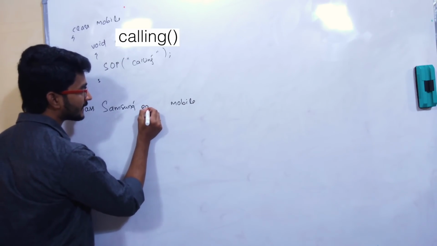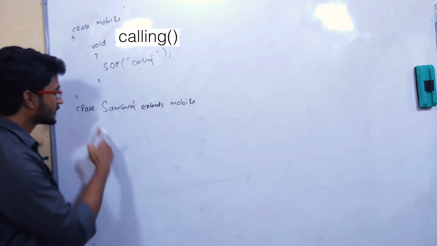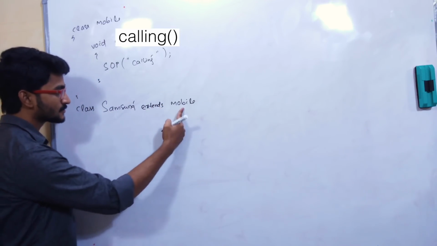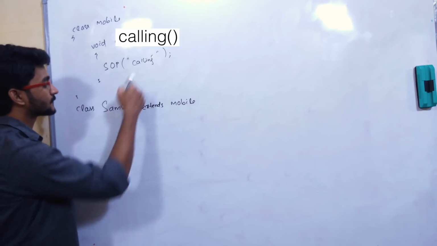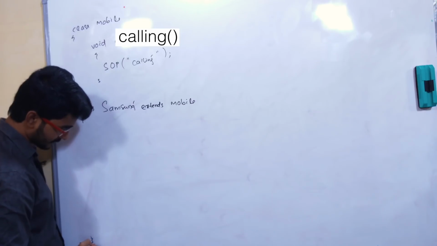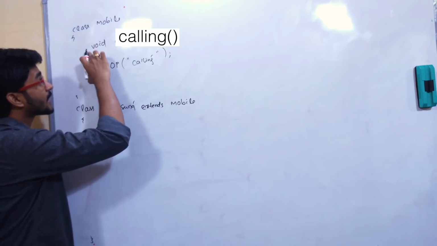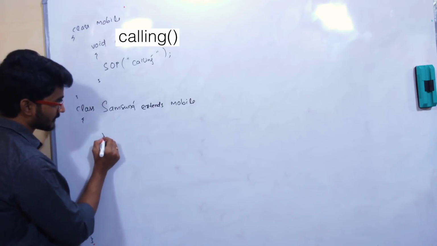To use inheritance I have to use the keyword extends. So class Samsung extends Mobile. Mobile is the superclass for Samsung. Again, I'll open this class and close it over here, and in my Samsung class, let me override this calling function.